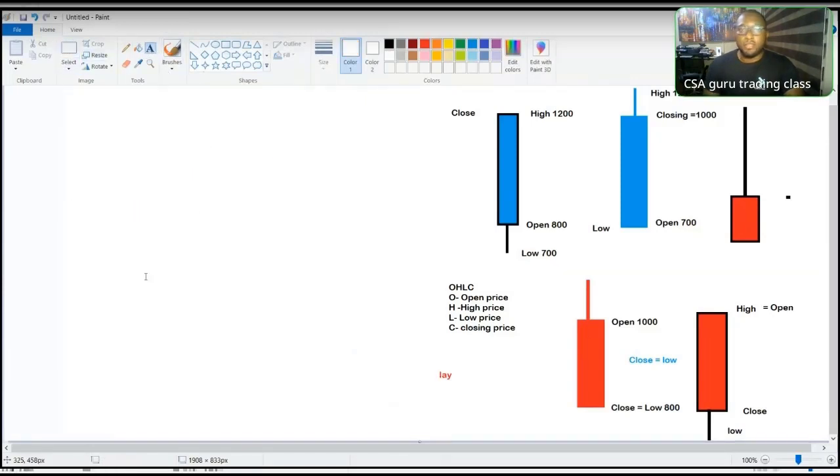So can somebody tell me what the implication of this candle is? Let's say you have an uptrend, right?